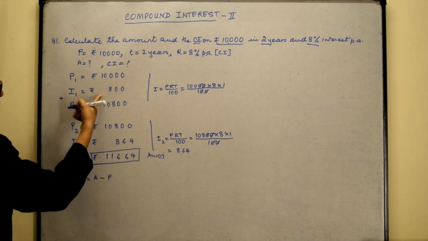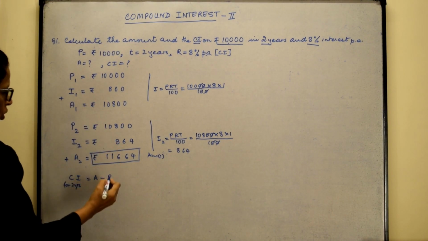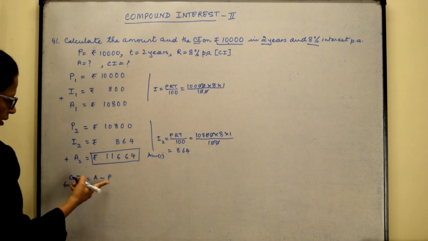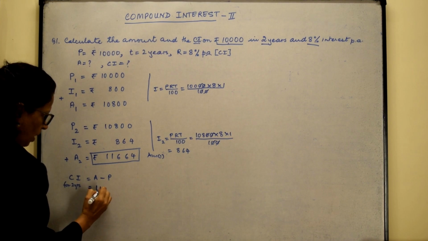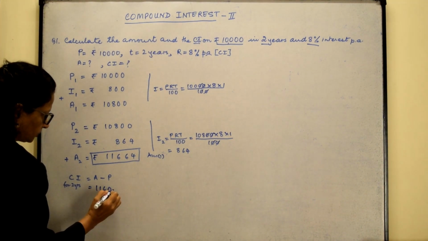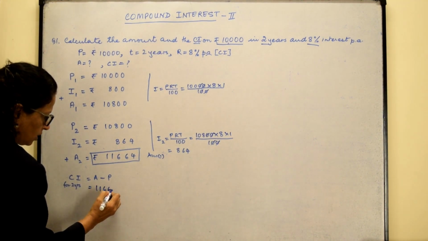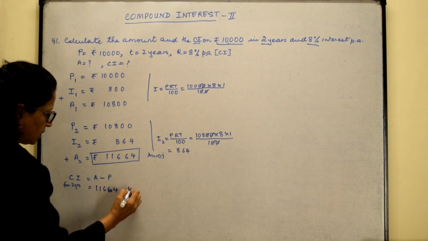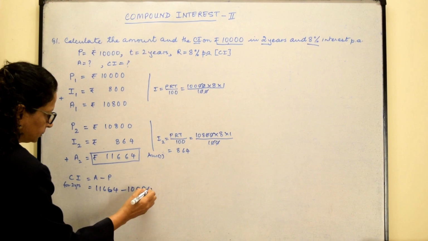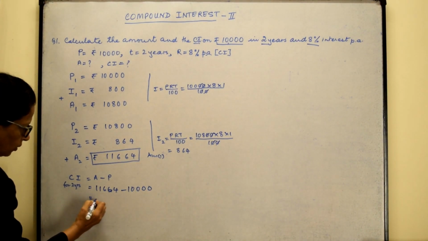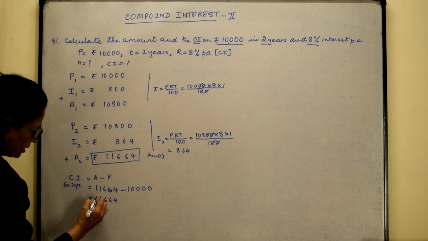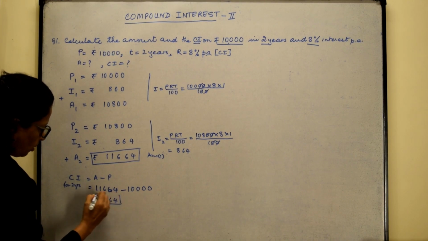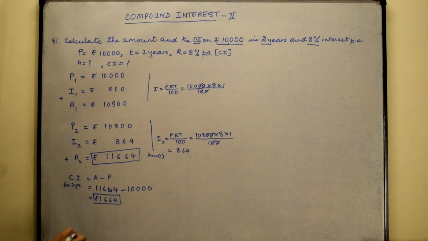We can either add CI1 and CI2, or you can subtract the principal from A2. So we will have 11664 minus 10,000, and that will give 1664 as the answer.